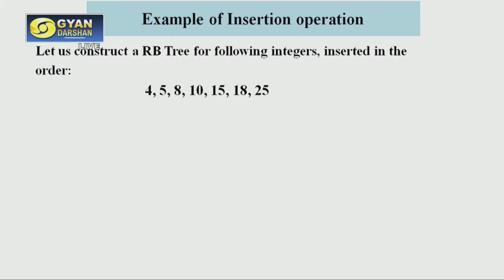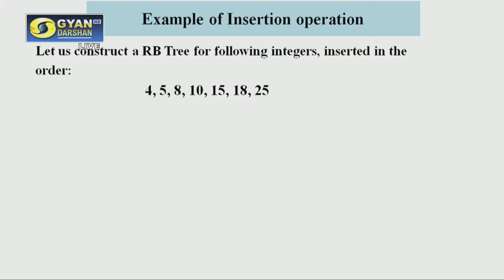So we have seen the cases which may arise when we start creating a red black tree. Let me see one example and see which case arises and how it can be handled. For example, we want to create a red black tree by inserting the elements shown in this slide in order.